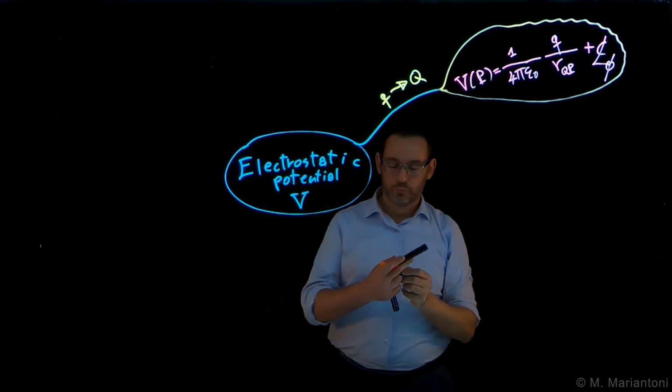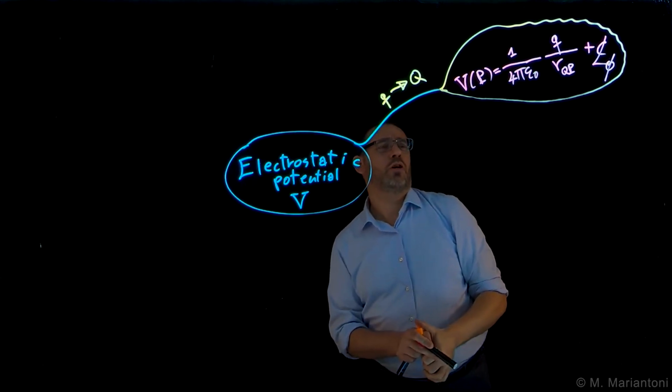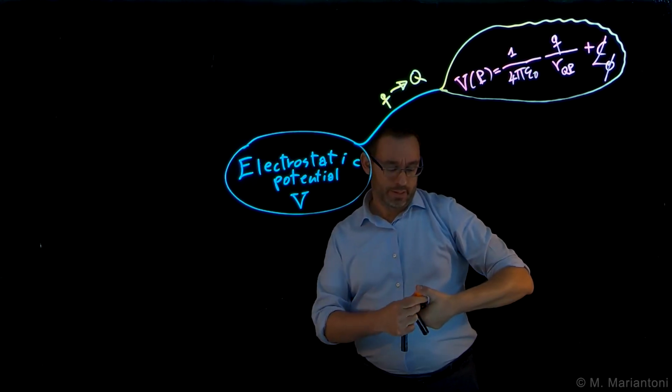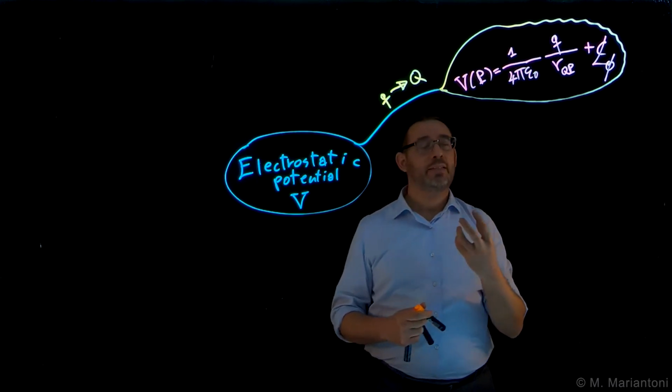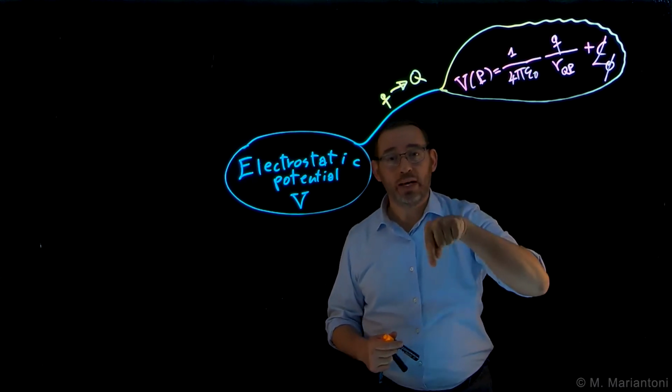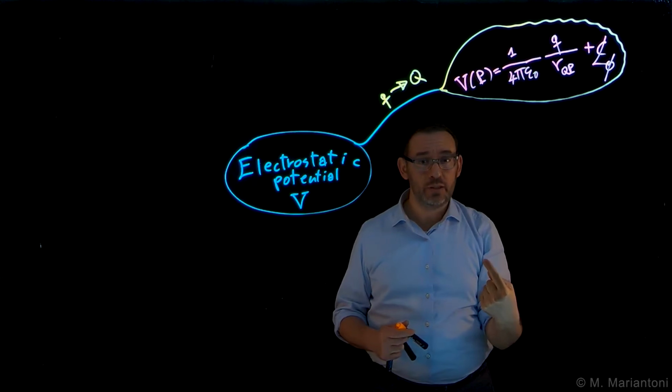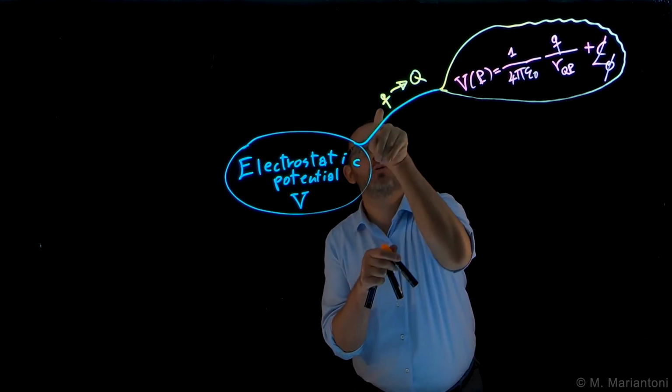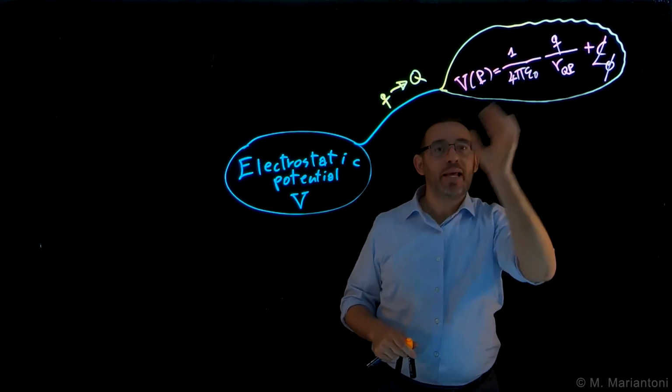All right. So we also understood that there is an important connection between the work due to the internal forces, that is, the electric force due to this charge small q, and the electrostatic potential.